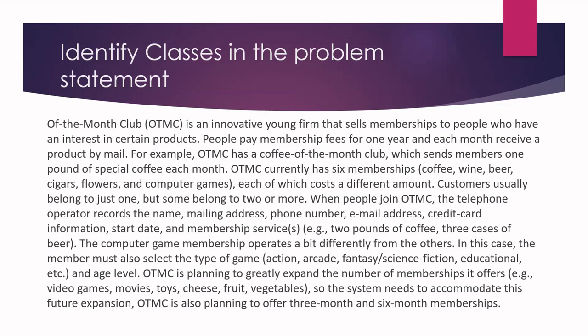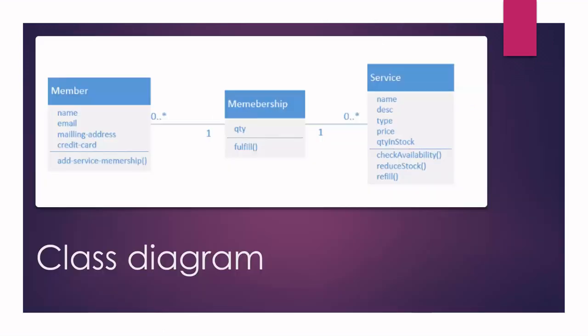Or you might decide that actually game is an object of the service class. It doesn't need to be a subclass. Okay, depending on the problem. Now here, a suggestion to start with is that we have the member and we have the service. These are the two most obvious classes.